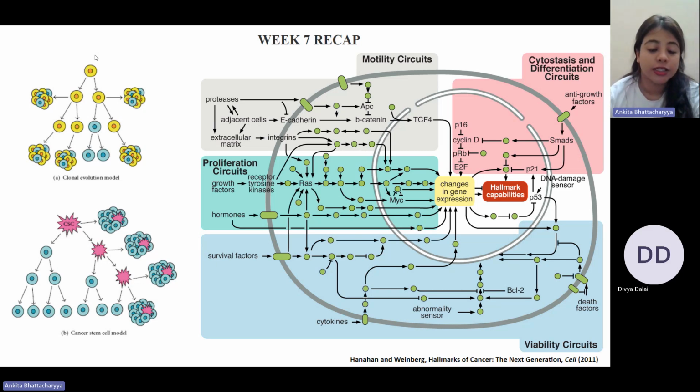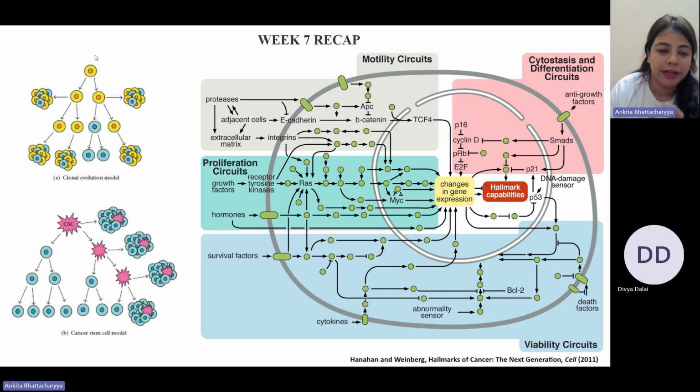You have survival factors, you have cytokines, you have death factors which are no longer functioning here, or even if they function, they're working in a pro-oncogenic manner. You have proteases which are digesting the integrins that are normally responsible for holding the tissue together, and those are being disrupted so that the tissue can pinch off from its original site and can move to some other location. So all of these different mechanisms are in place.